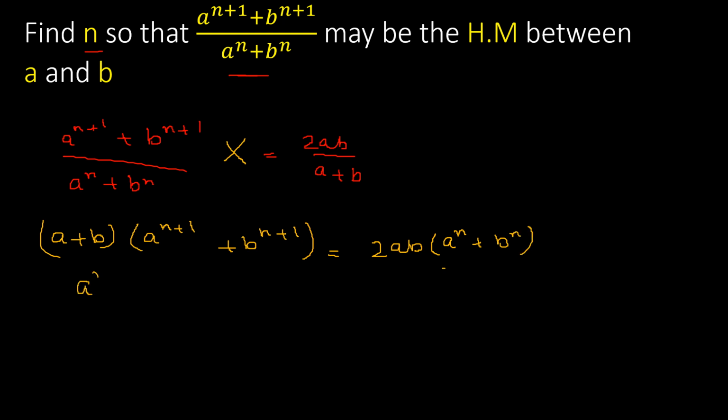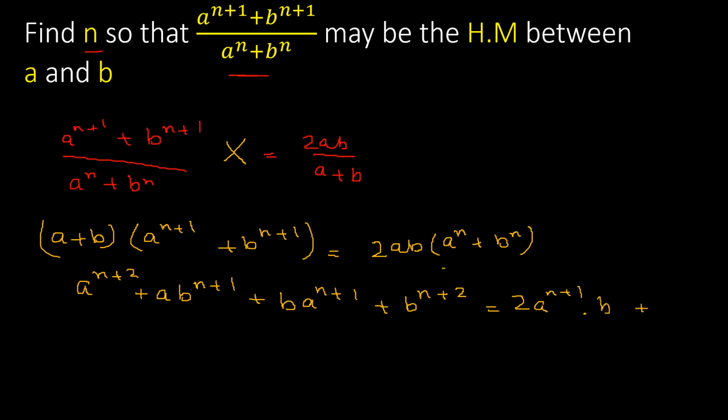That will make it a raised to power n plus 2, plus a b raised to power n plus 1, plus b a raised to power n plus 1, plus b raised to power n plus 2, which equals 2a raised to power n plus 1 times b plus 2ab raised to power n plus 1.